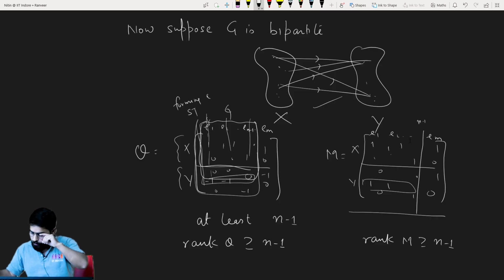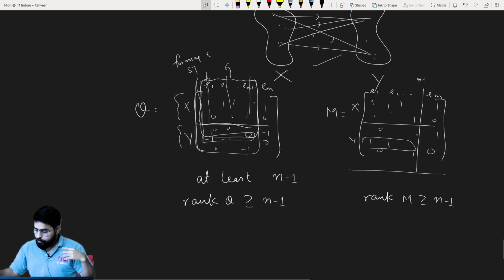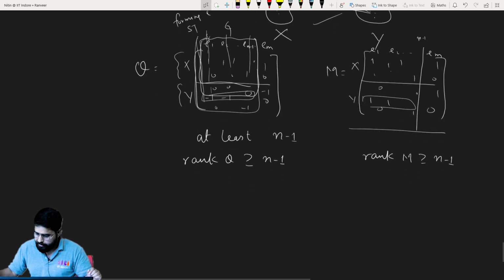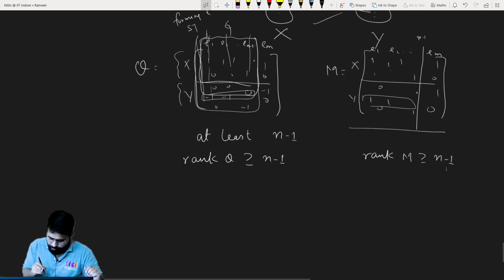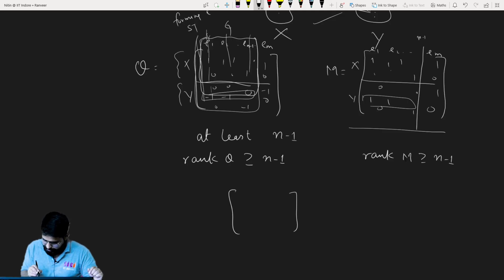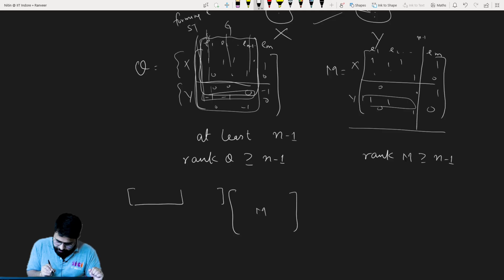Now we still have to prove that the rank of M is indeed n-1. So let us look at the null space of M. Suppose this is M. Now you pick a vector where, up to here, it is all 1.